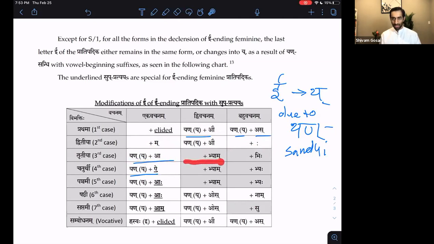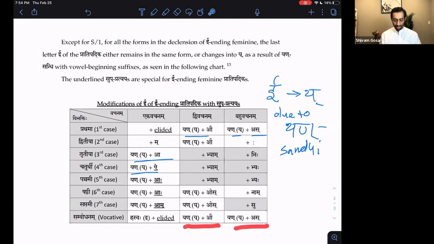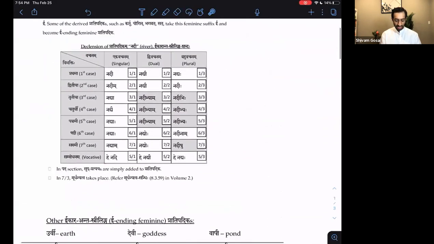Nadya, Nadibhyam, Nadibhihi, Nadyai, Nadibhyam, Nadibhyaha, Nadyaha, Nadibhyam, Nadibhyaha, Nadyaha, Nadyoho, Nadinam, Nadyam, Nadyoho. Nadi, but shu. Sa becomes sha, so Nadishu. Nadi, so it becomes short. He Nadi, he Nadyo, he Nadyaha. This looks more complicated than it is.